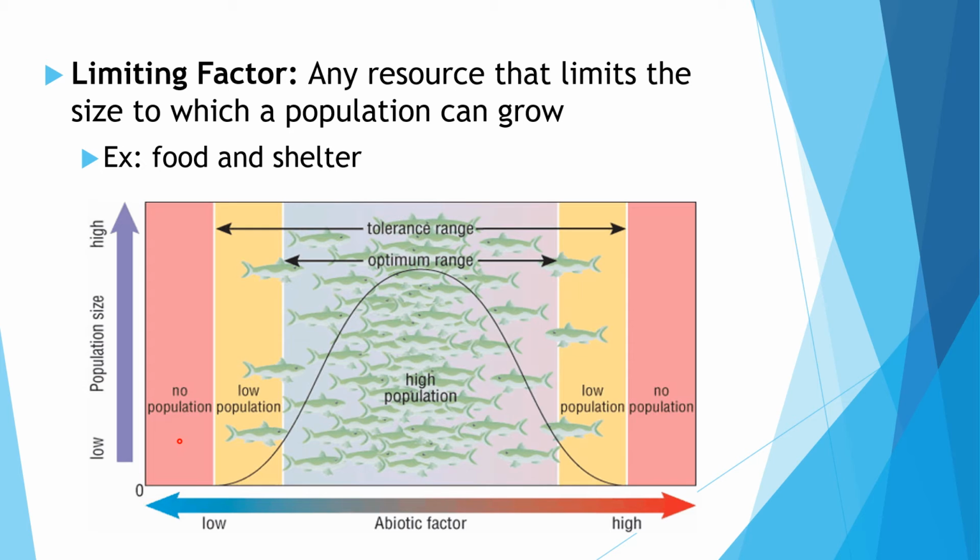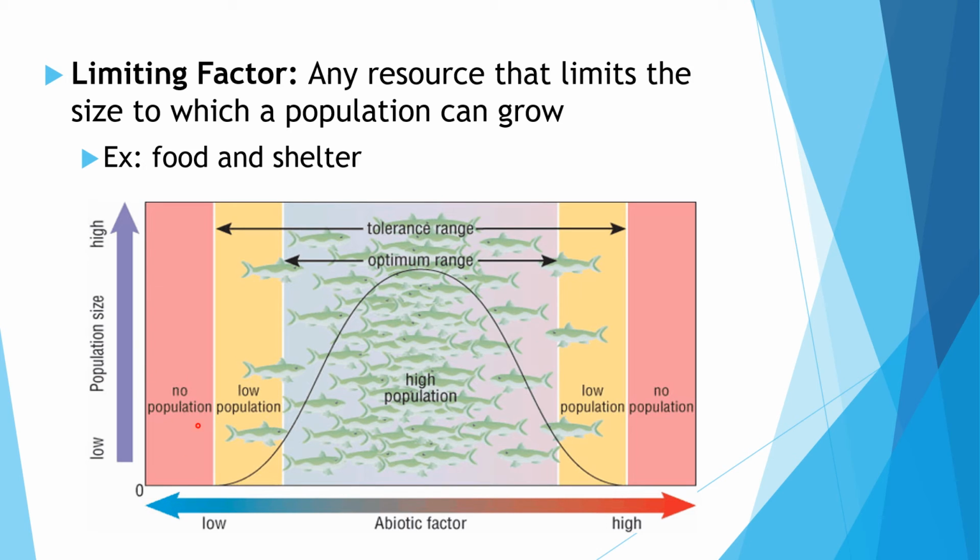That means that this temperature of water is outside of the fish's tolerance range. So you'll see up here from this yellow block to this yellow block is considered this species' tolerance range. It can survive. In the tolerance range, it's not so much thriving, but it can still survive in that range.